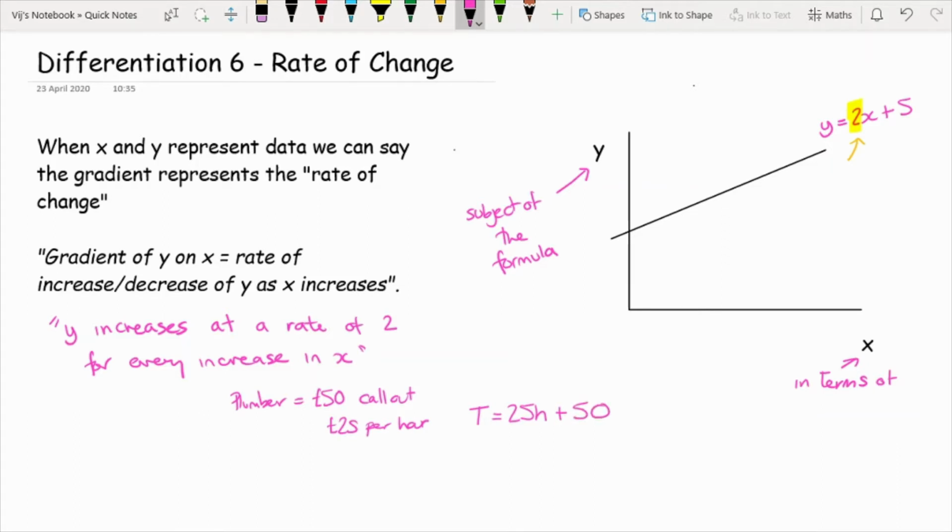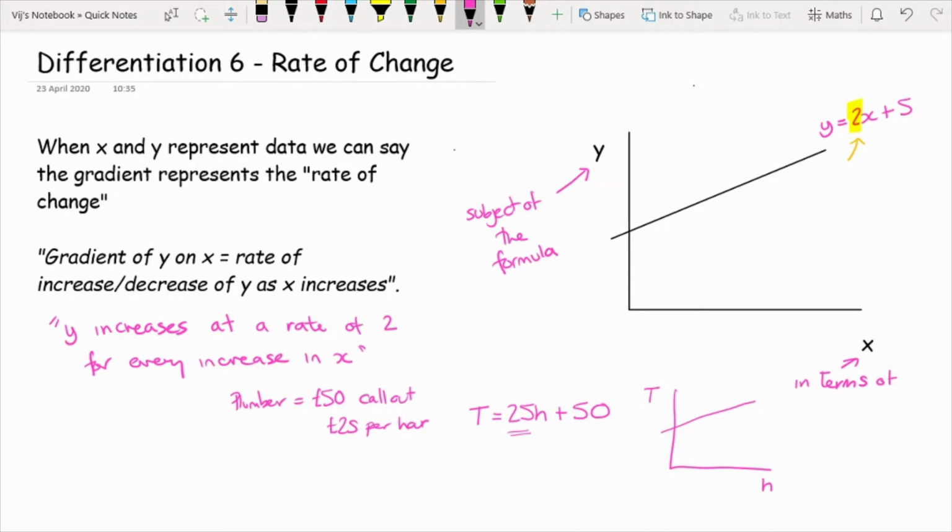This represents a linear function because I've just got a single h. The graph would have h at the bottom, because the formula is in terms of h, and t is my subject. It'll look like a positive linear graph. So the rate of change of t is £25 for every increase of h. As h increases, t will increase at a rate of 25.